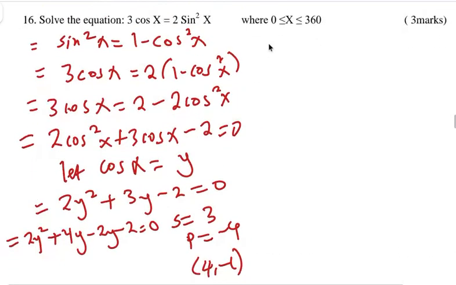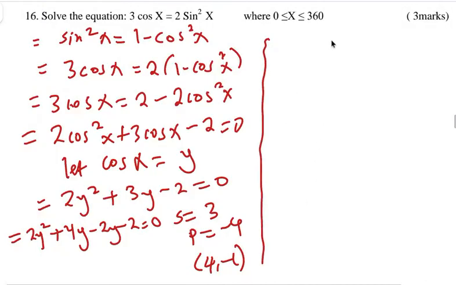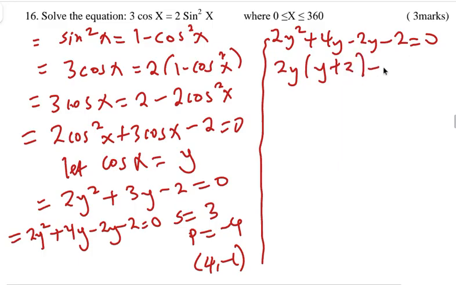So let's put it here so that we have enough space. 2y squared plus 4y minus 2y minus 2 equal to 0. So the common factor here is 2y, then y plus 2. The common factor is negative 1, it will be y, not plus 2. Here it should give you negative y, sorry I made a mistake, it should not be negative 2y, it should give negative y here. So this gives positive 2 equal to 0. Up to here we understand each other, because when you break this 3y you should break it into 4 and negative 1, not 4 and negative 2.